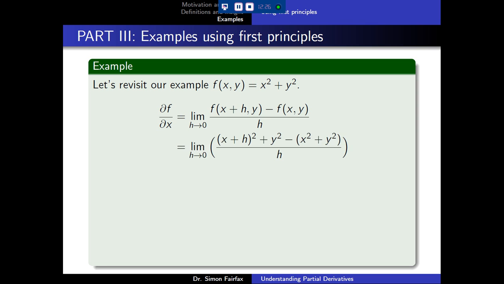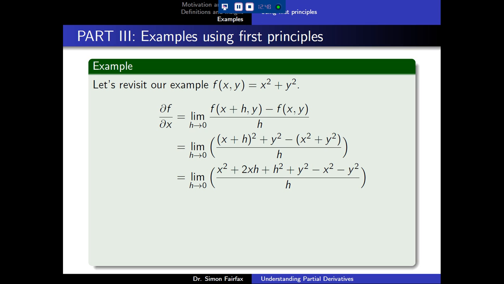So let's do it. Okay, so we have some brackets to square out. Just a bit of simple expansion of brackets. And what do we see? Okay, we can see the x squareds are going to cancel. The y squareds are going to cancel.